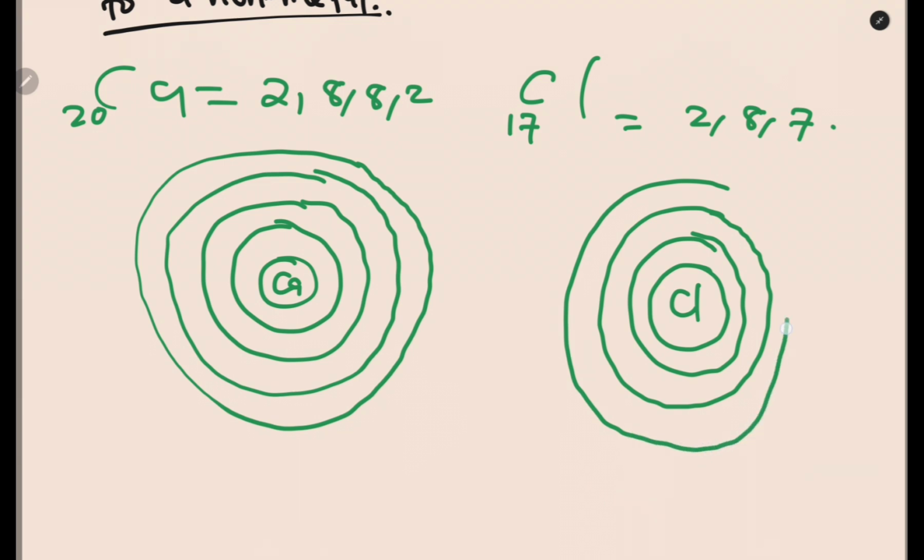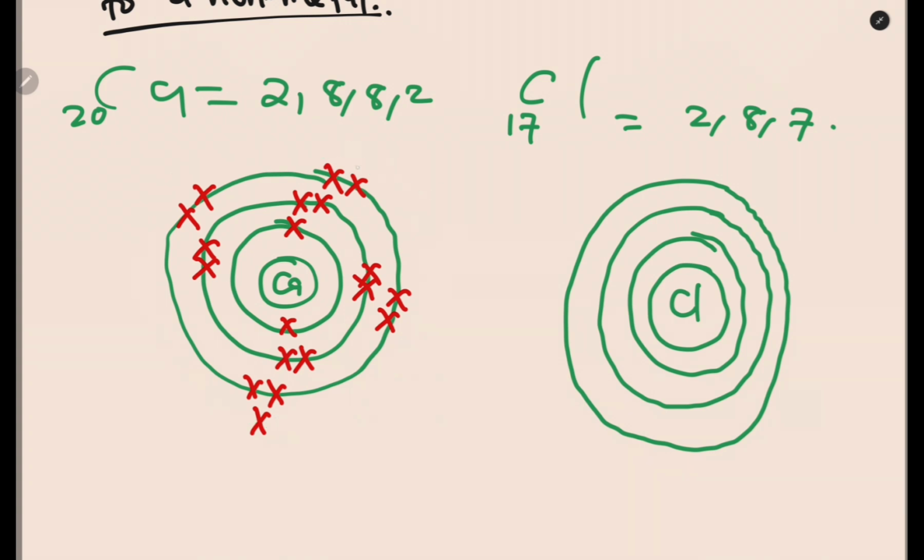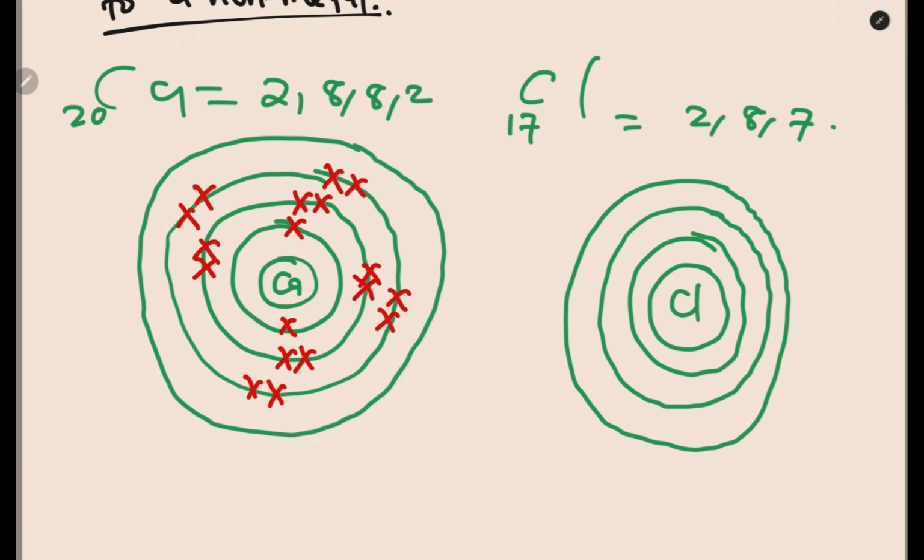So 3 shells. Let me use, for the first shell for this one, 2 electrons. Then the second one, there are how many? 8 electrons. Then the outside it has 2. The shell is gone, so let me just redraw the shell and put the 2 electrons right here.